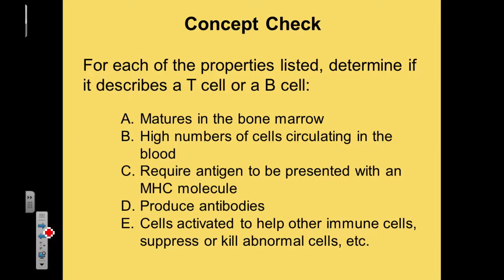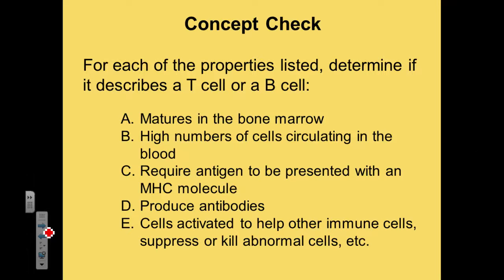So, concept check class. For each of the following properties listed, determine if it describes a T cell or a B cell. This is going to take a while for you to look up the answer to. You can check in your textbook, you can check in your notes if you printed them off, or you can rewind this PowerPoint video recording. So go ahead and pause it and get me the answer. 1, 2, 3, 4, 5.